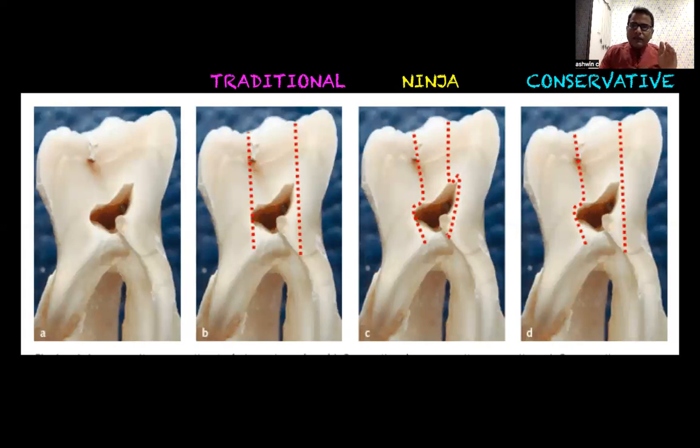Make it very clear. You must be entering the canal. The moment you enter the canal, try to remove as little as possible. So maybe you are hardly doing any preparation, and you are inside. So that's what is called a conservative access. It might be from the side, but it will fulfil the purpose. You will not be missing any canal. You will be getting all the shapes of cavity whatever you want.